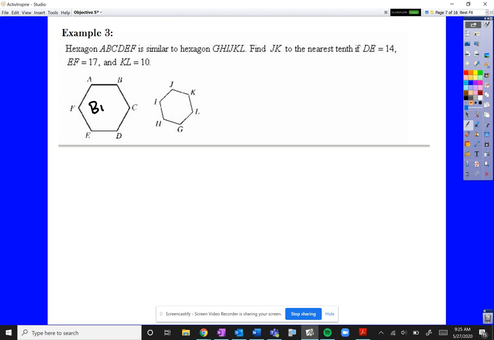First of all, I'm going to put the big hexagon and the small. So where's DE? DE is 14, EF is 17, and KL is 10. Okay, and we need to find JK. So JK is going to be, we'll put an X here.